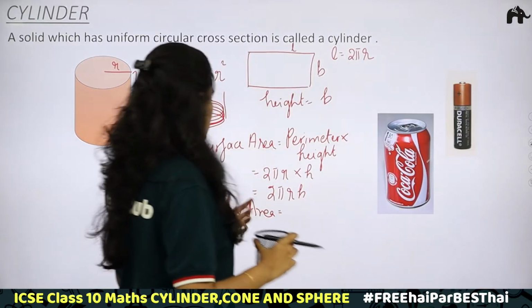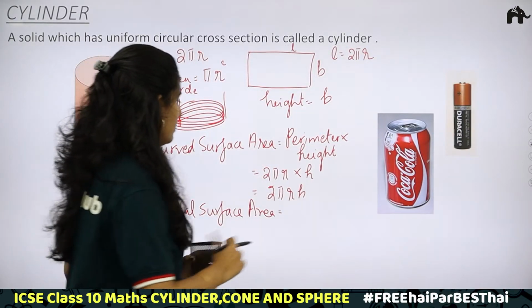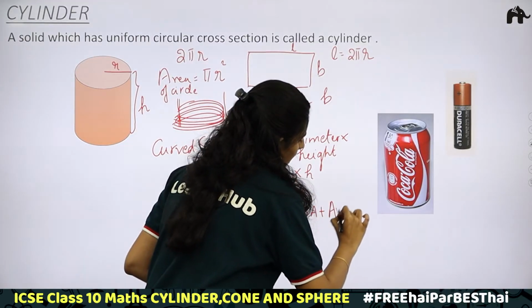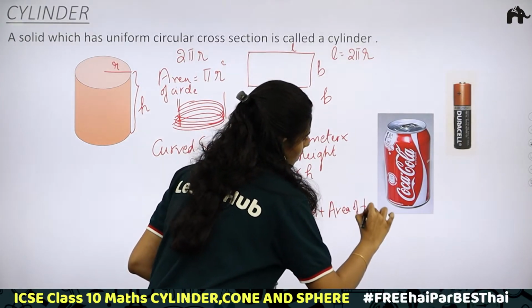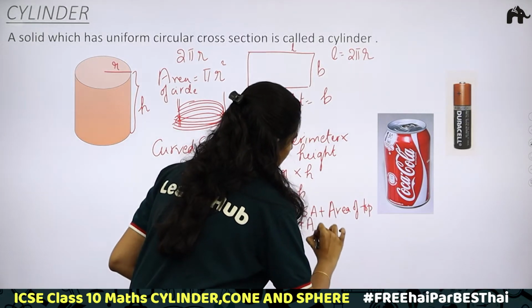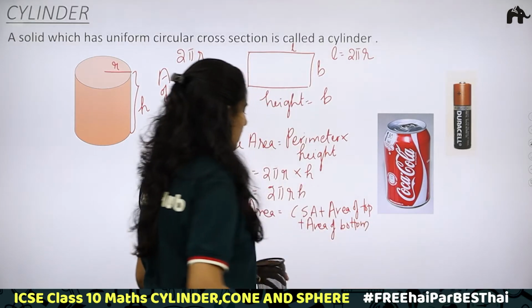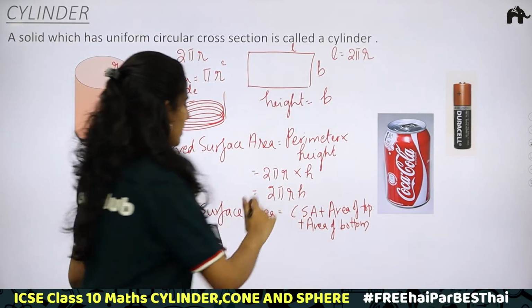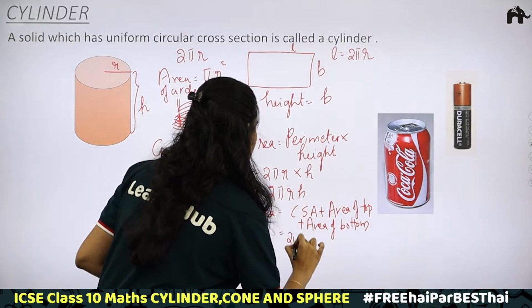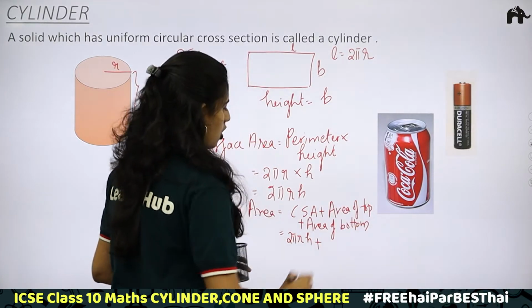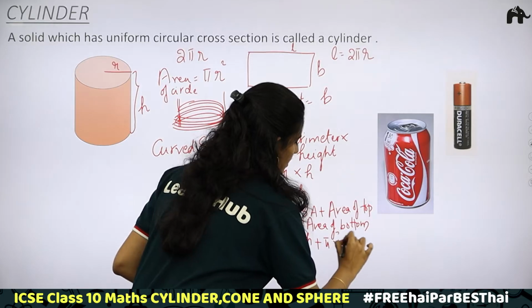We got the curved surface area. Total surface area will be curved surface area plus area of top plus area of bottom. Curved surface area, we have 2 pi r h, plus area of top, that is pi r square.